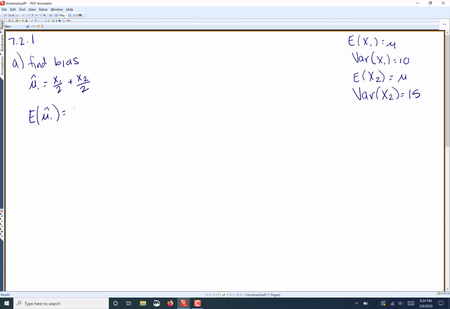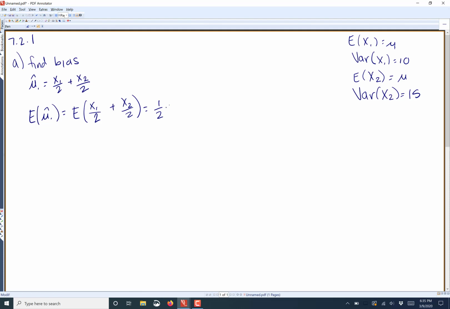So let's find the expected value of what that would be. Now this comes back to all of our rules from section 2.6, where we learn how to do combinations of random variables. So the expected value of x1 over 2 plus x2 over 2 gives me, well, when you divide and multiply, those just come out of expected values. And then for each random variable, you add up the expected values of each one.